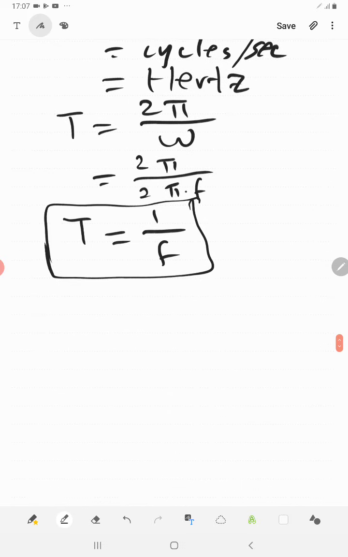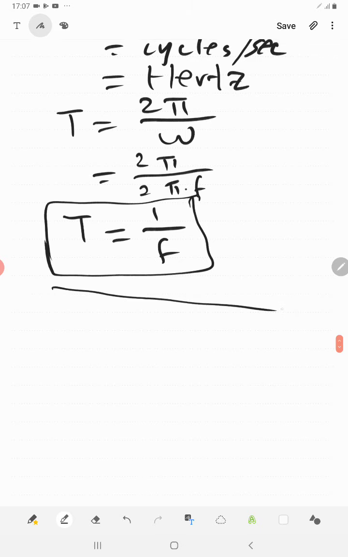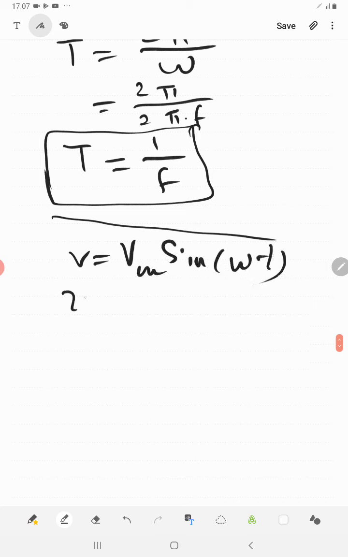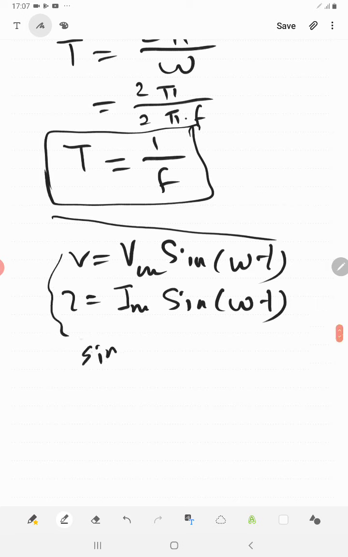Now, knowing this, V is V maximum sine omega times t, or I equal I maximum sine omega t, or we can use cosine instead of sine. These are sinusoidal waveforms.